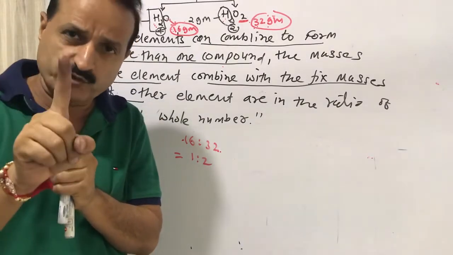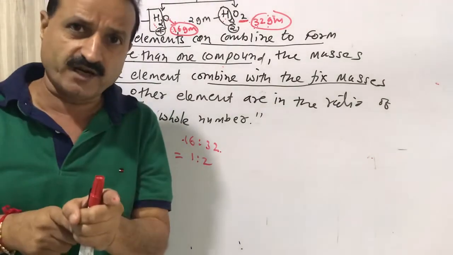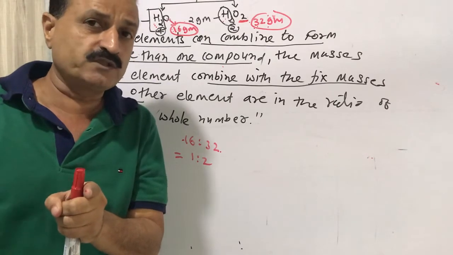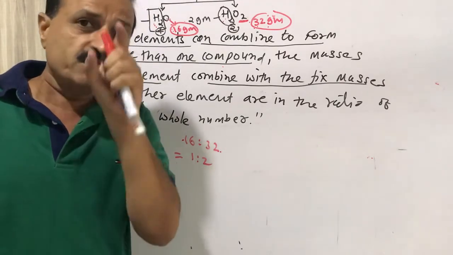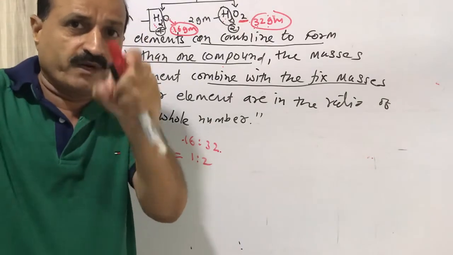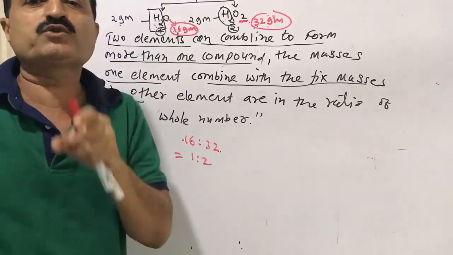In H2O there is only one oxygen, so the mass of oxygen is 16 gram. In H2O2 oxygens are 2, so the mass of oxygen is 32 gram. 16:32 gram can be shown by simple whole number: 16:32 means 1:2. Clear?